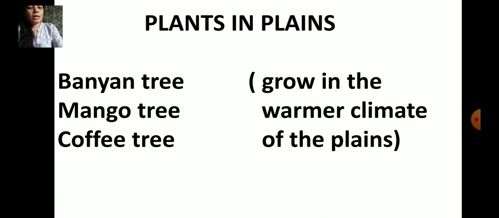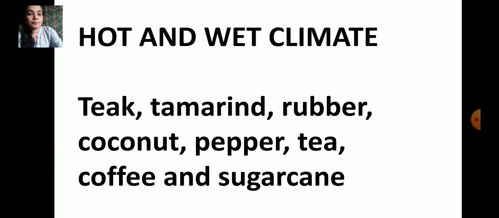Many plants also grow in the places where it is hot and wet. Trees like teak tree, tamarind, rubber tree, coconut tree, pepper tree, tea, coffee and sugarcane grow well in this hot and wet climate.